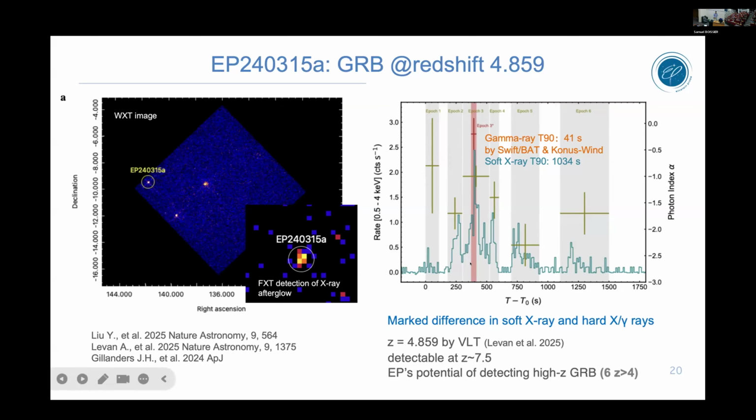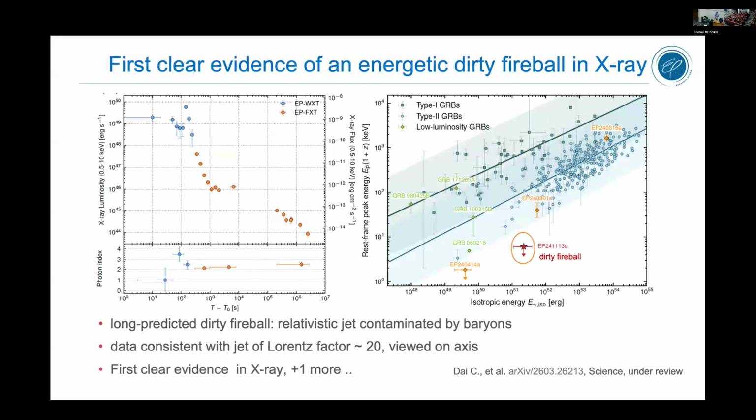If it's redshift 7, it would be very difficult to get the optical or near-infrared spectrum very rapidly because the optical counterpart decays very fast. But physically, it's very interesting why we have this prompt emission much longer than the GRB event. So you can see the time scale. For the GRB, the T90 is about 40 seconds. And for the soft X-ray, the T90 is about 1,000 seconds.